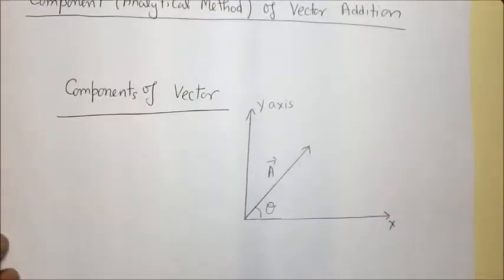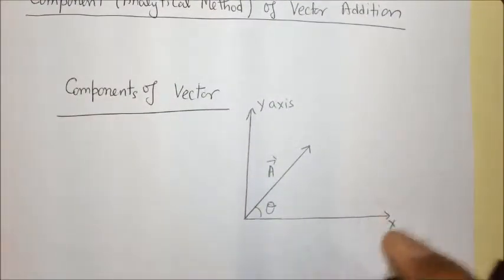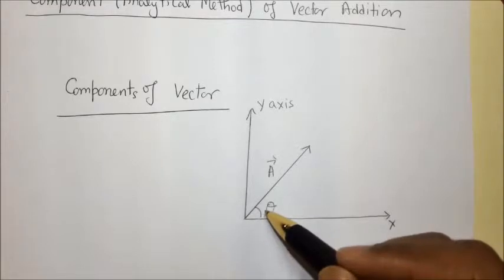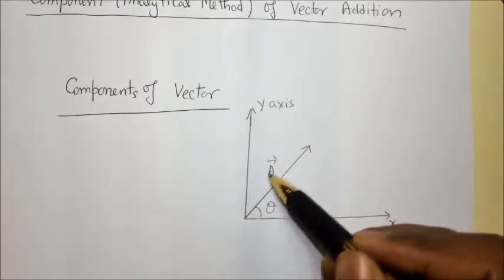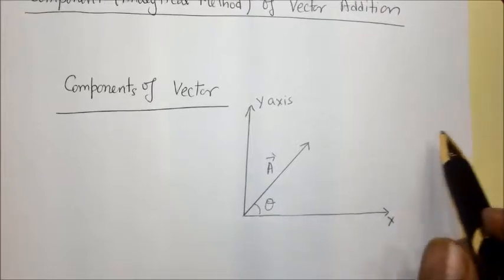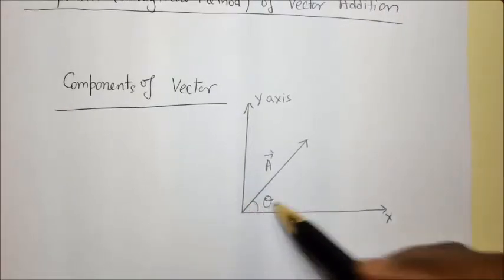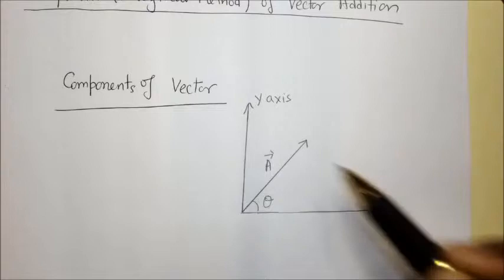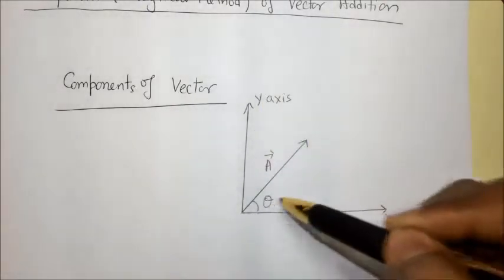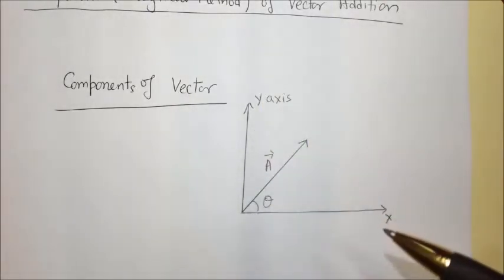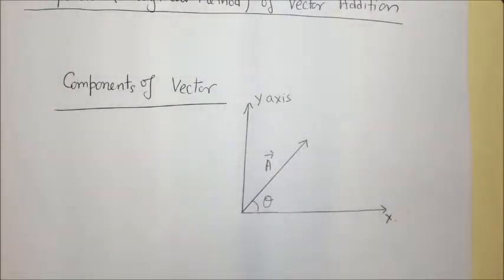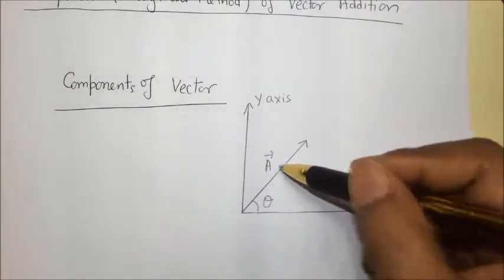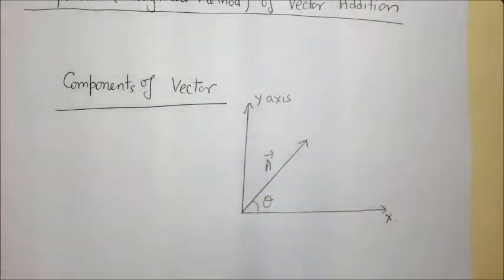This vector A is making angle theta from the x-axis, and suppose I need to find the x component of this vector A and the y component of this vector A. How can we do this?